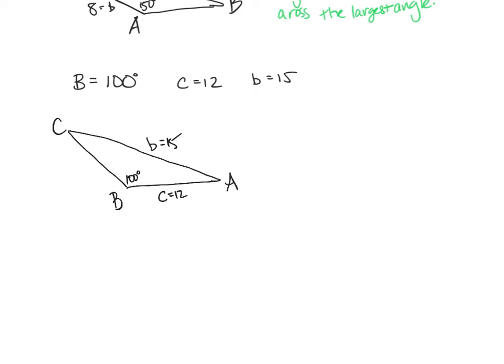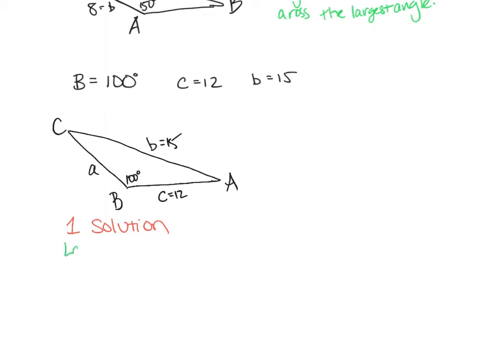So taking a look at this, our angle is greater than 90 degrees. It's across from a 15, which is larger than 12. So I can already say right away, this is a one solution problem, meaning we can only create one triangle from these three pieces of information.